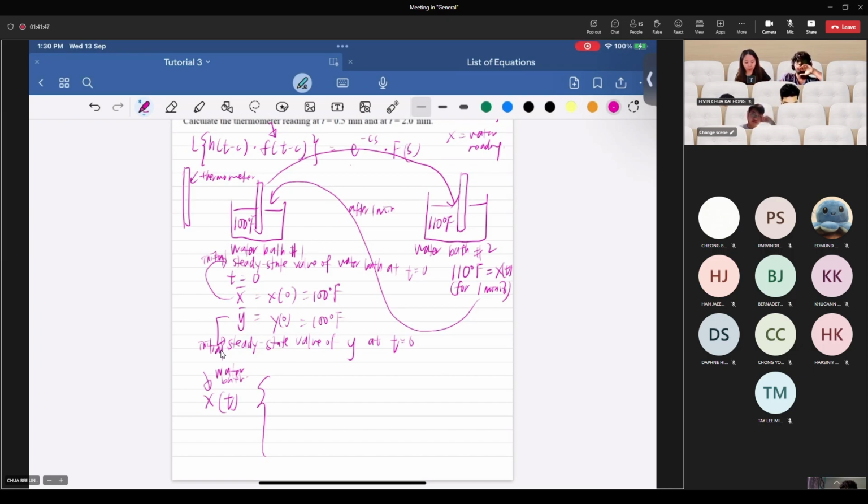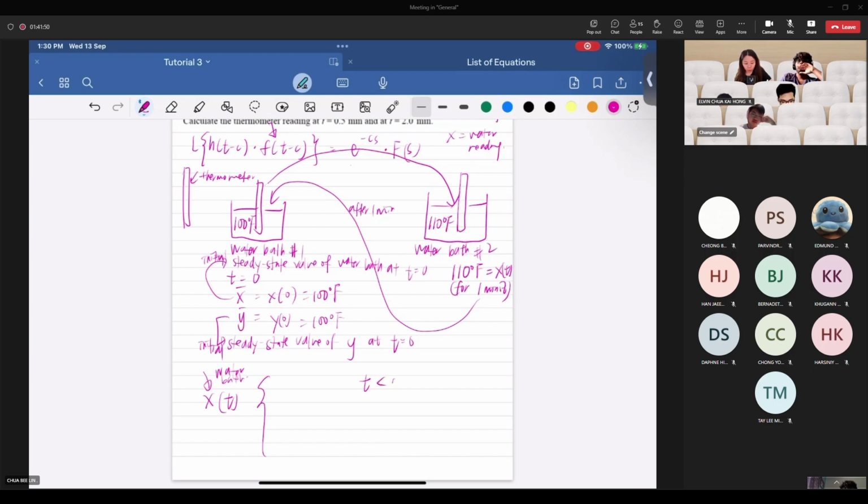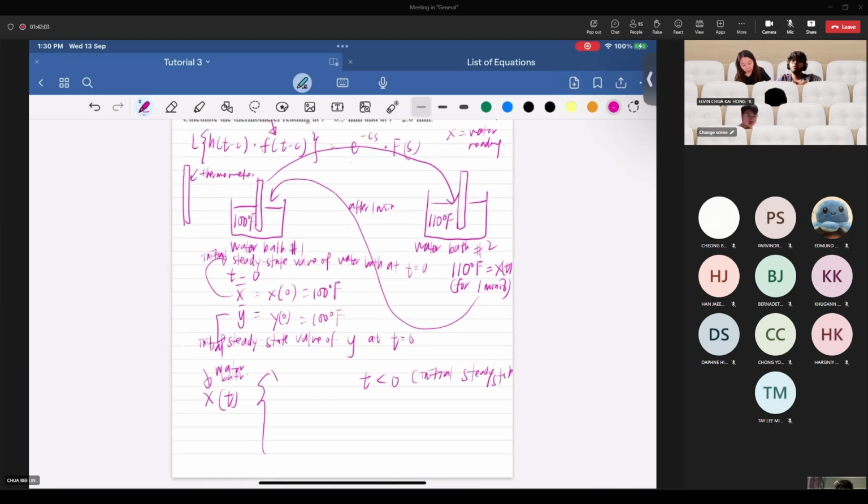So initially, t smaller than 0 or equals to 0, it is during the first initial steady state. So meaning that you sub x0, then this one is x from t0 to 1, and this is x t larger than 1, or you put it here t0 to 1, t larger than 1.